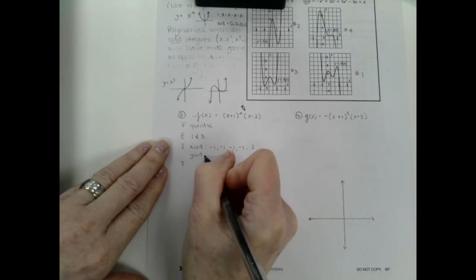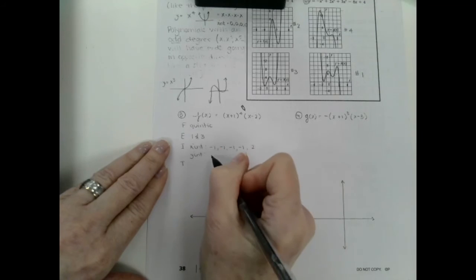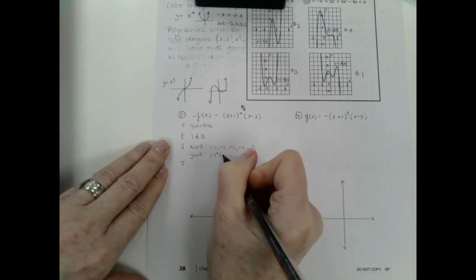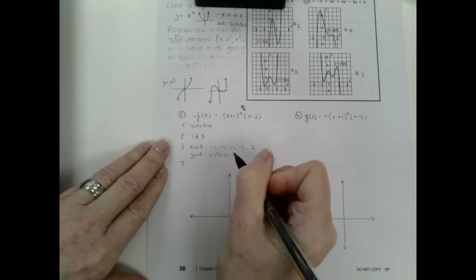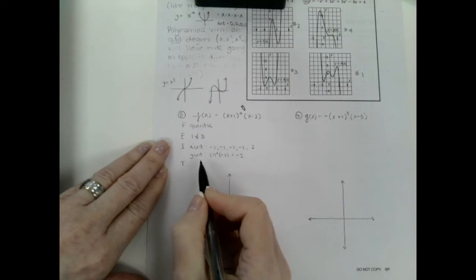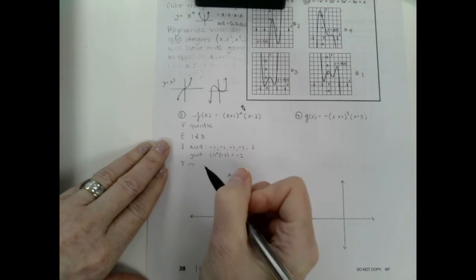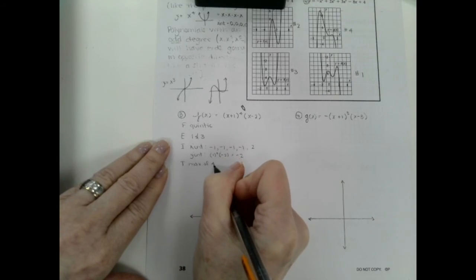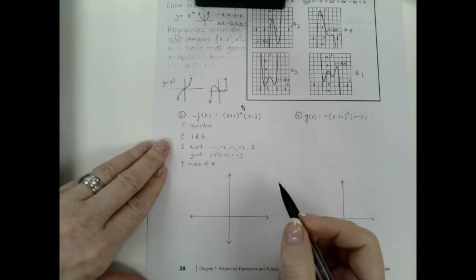Y-intercepts, let x equal 0. So 0 plus 1 is going to be 1 to the 4 times 0 take away 2 will be -2. So 1 times -2 is going to be -2. Turns, I can have a maximum of 4 turns. Let's graph.